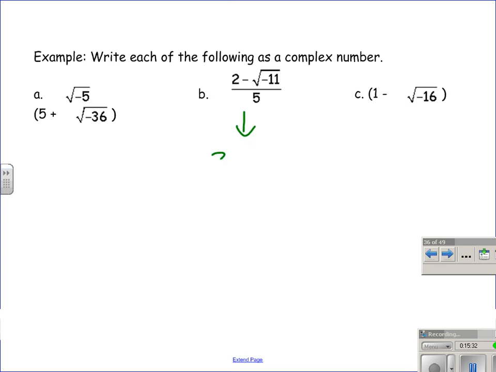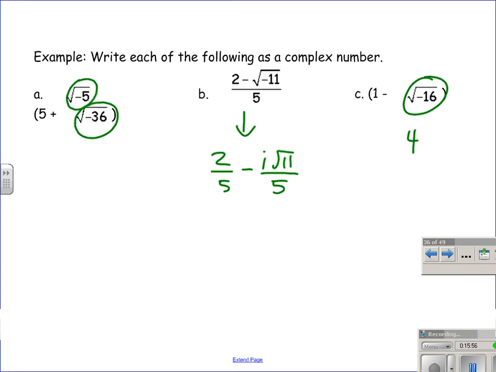On this example B, I'm just going to take the 2, I can write this as 2 over 5 minus, now the negative square root of 11 is going to be i root 11 over 5. And that's simplified. In each case, you need to make sure you are simplifying and taking care. Anytime you have a negative under a radical, you need to change those to i first before you do any of the operations.